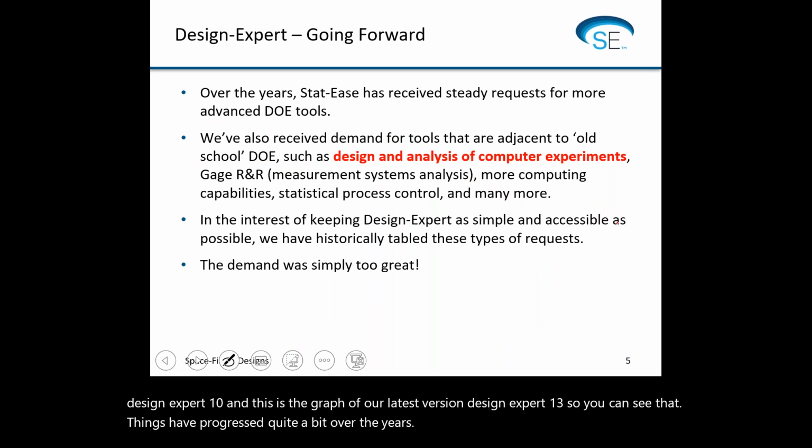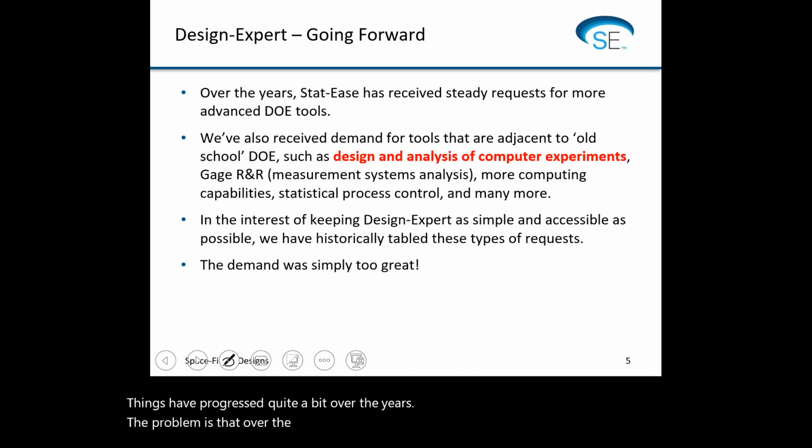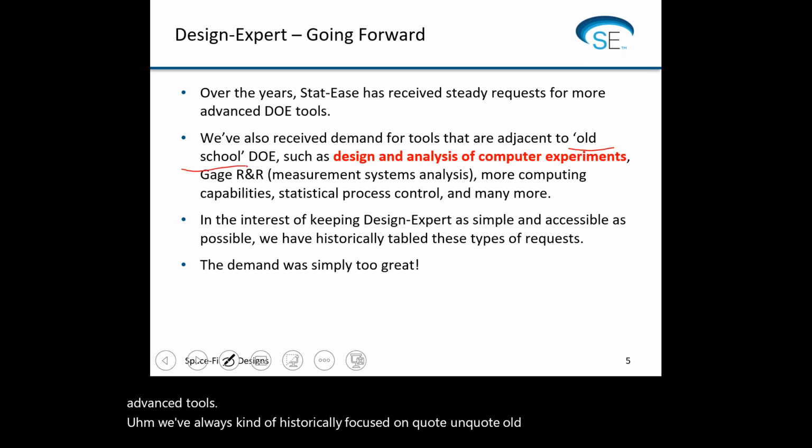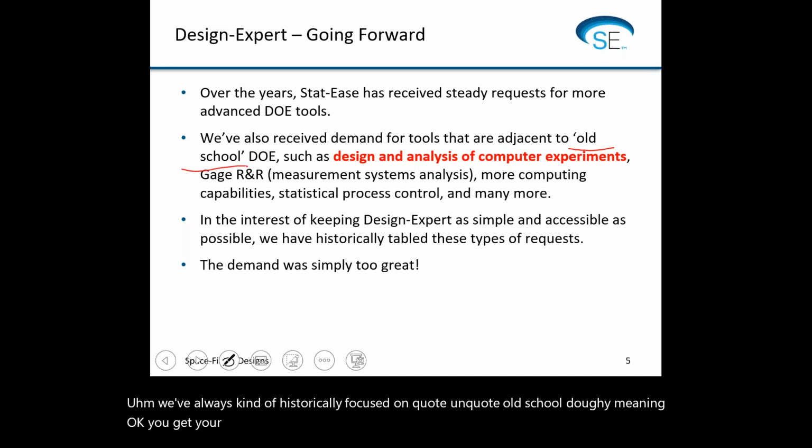Now, the problem is that over the years, we've received lots of requests, lots of people asking us for more advanced tools. We've always historically focused on, quote unquote, old school DOE, meaning you get your design layout, you go into the lab, you do your experiment, and you analyze the data.